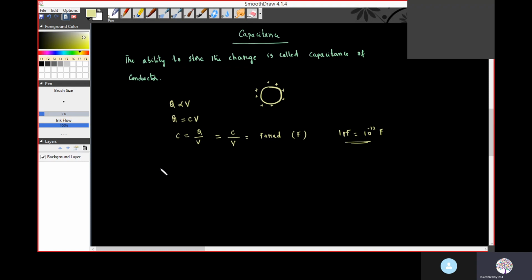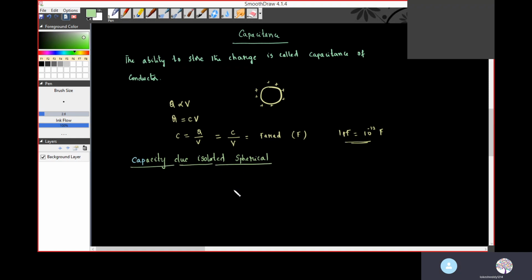Now, capacity due to an isolated conductor. I will consider a spherical conductor and calculate the capacitance.